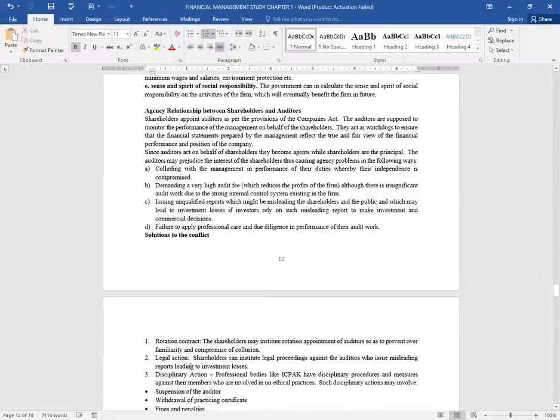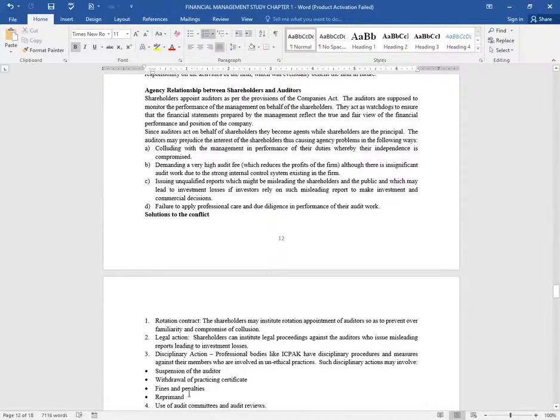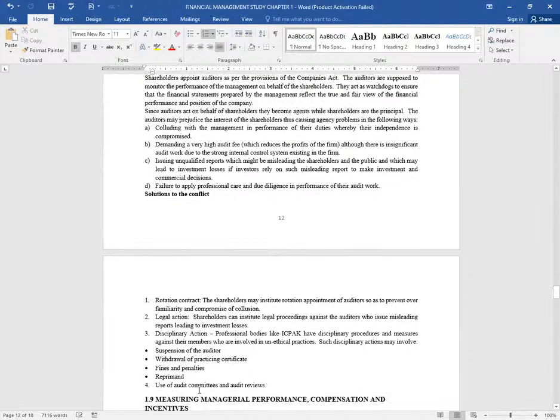If they mess around, we have the right of taking them to court. This will act as a deterrent. Disciplinary action, we can take them to ICPAK and things will happen. Once ICPAK finds them culpable, they will suspend the auditor, withdraw the practicing certificate, impose fines, penalties, reprimand them, and use audit committees and audit reviews to look at their work.